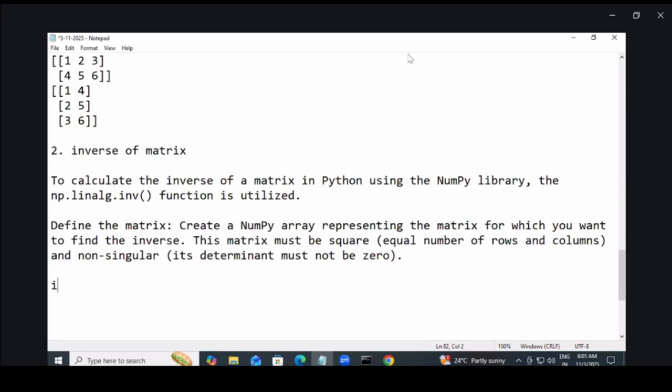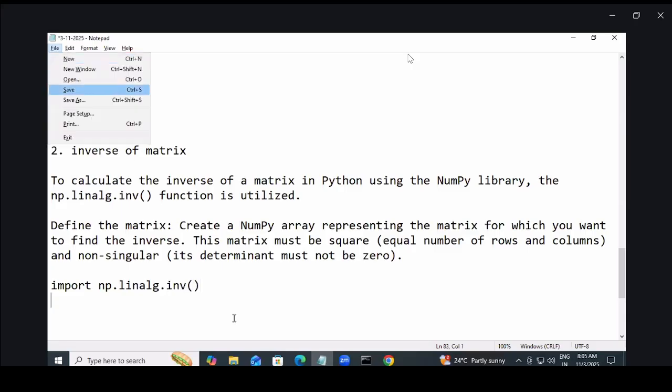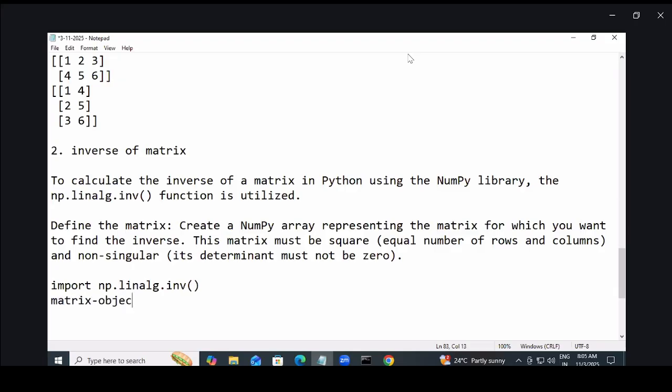Now you have to use numpy.linalg.inv as the function. You can also write the matrix object name dot, and the name of the method is inverse. Any one you can use.